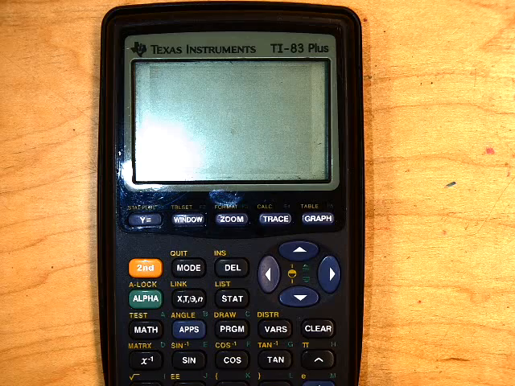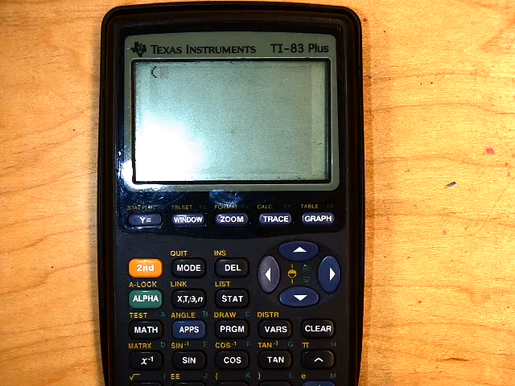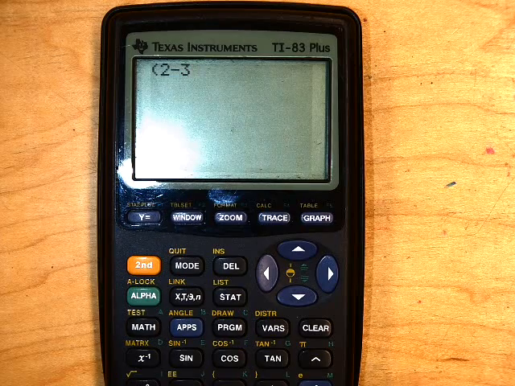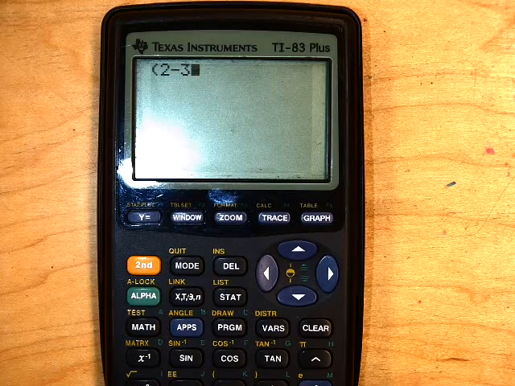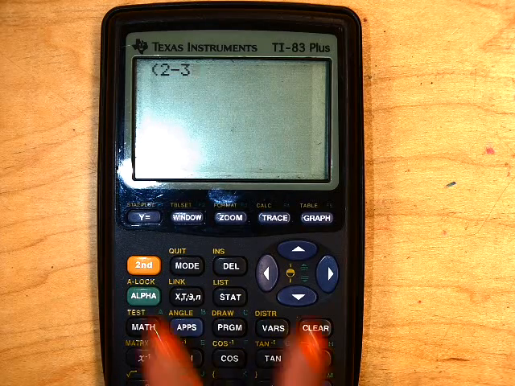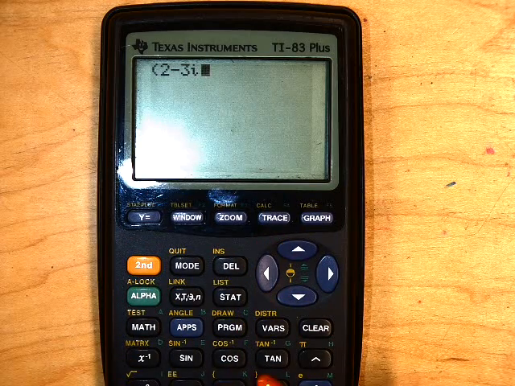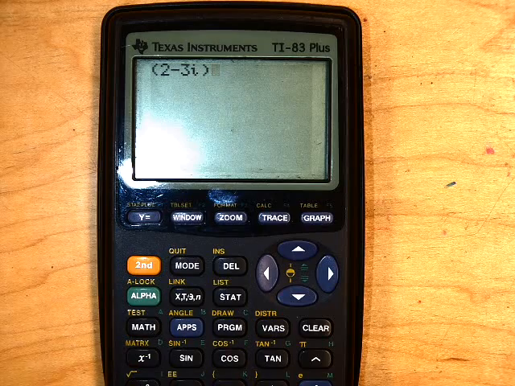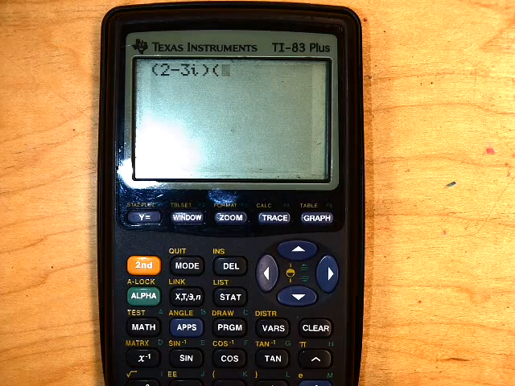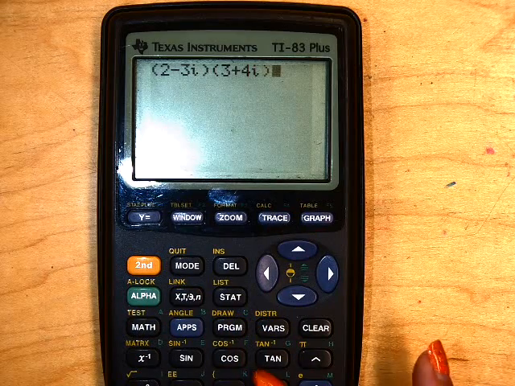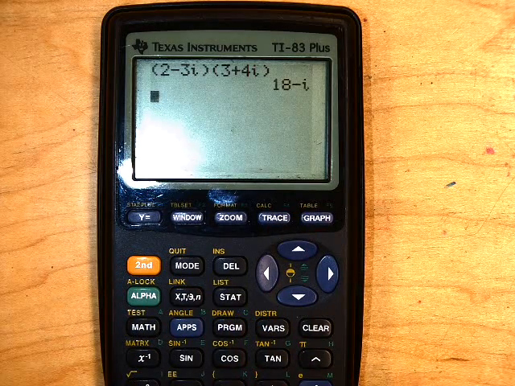So if we look at part A, we have parentheses 2 minus 3, and your i is right here, and so you have to use your second button, second i, close your parentheses, open your parentheses again, 3 plus 4i, close your parentheses, and enter.